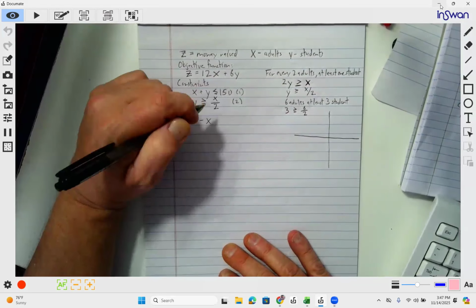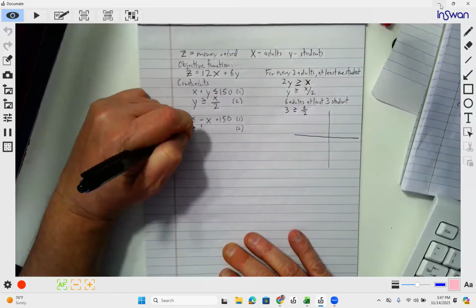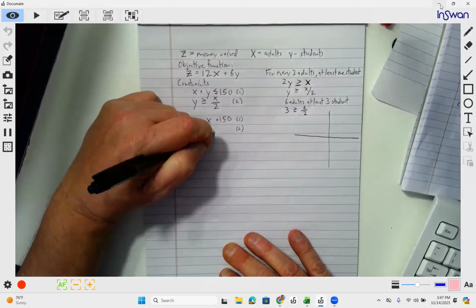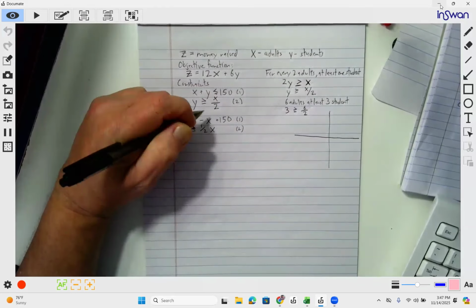And then the second equation is already pretty much in y equals mx plus b form, but I'm going to go ahead and say y is greater than or equal to 1/2 x. All I did was pull a 1/2 out instead of an x over 2. Now I can graph these.